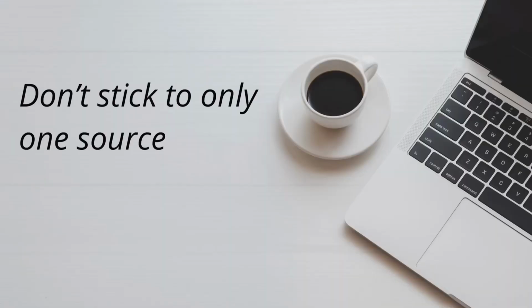ChatGPT is an AI, so definitely the information it provides will not all be accurate. Some will be correct, and some won't be. That is why you should not stick to only one website, for instance, just ChatGPT.